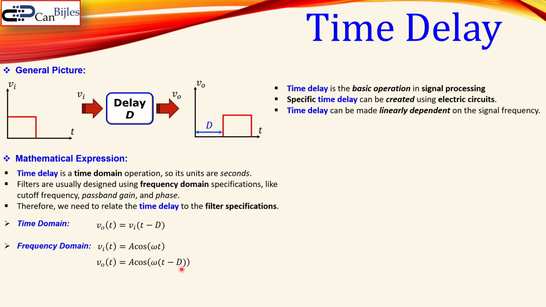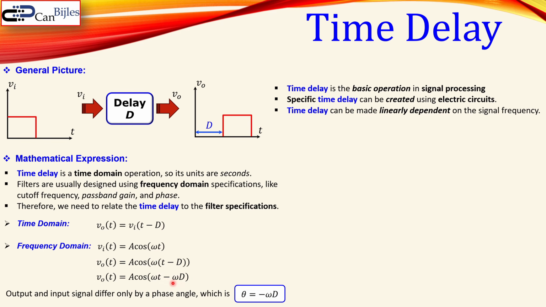Now if you work it out, this output voltage expression, you can then have omega times t and omega times minus d, which is then minus omega d. And this is the addition compared to the input voltage expression. So the output and the input will differ only by a phase, which is then given by this minus omega d. And we define it here now as the theta.